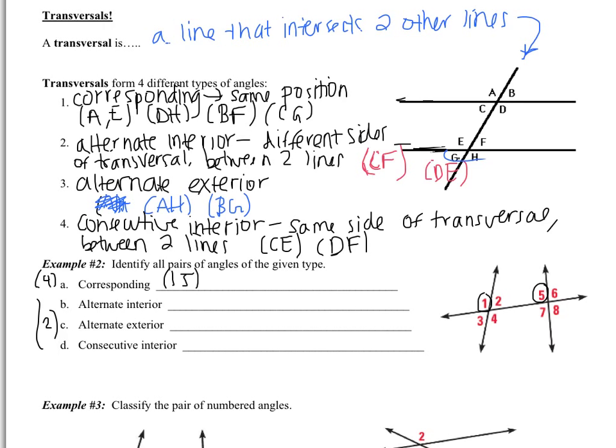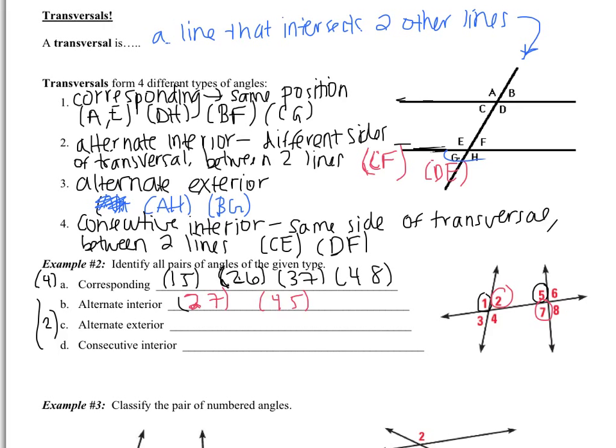Okay, you should have had enough time to try this one on your own. The other pairs of corresponding should have been 2 and 6, 3 and 7, and 4 and 8. Alternate interior would have been 2 and 7. They're both inside the 2 lines on opposite sides of the transversal.